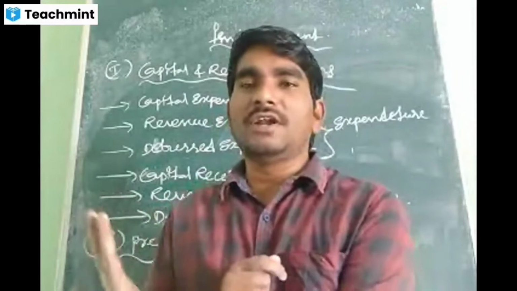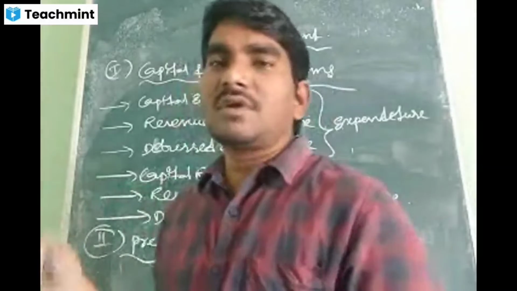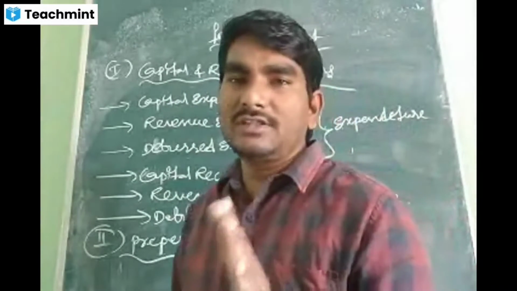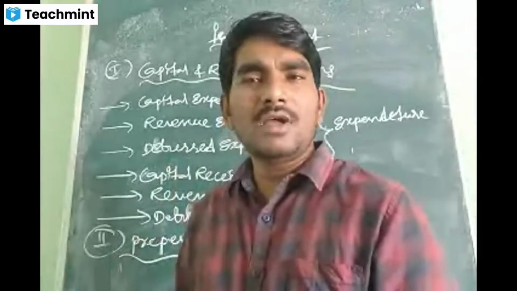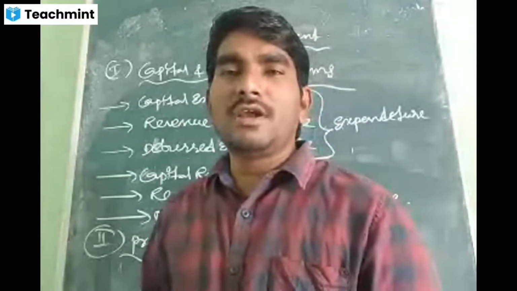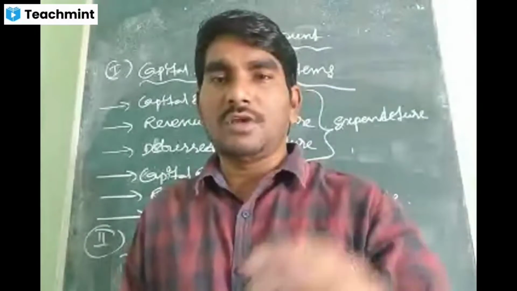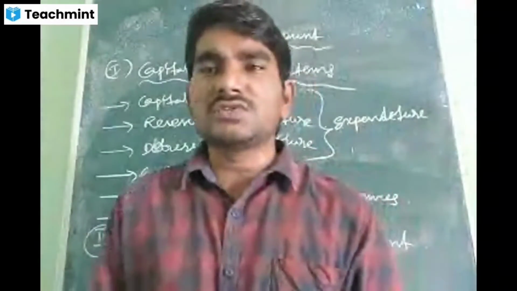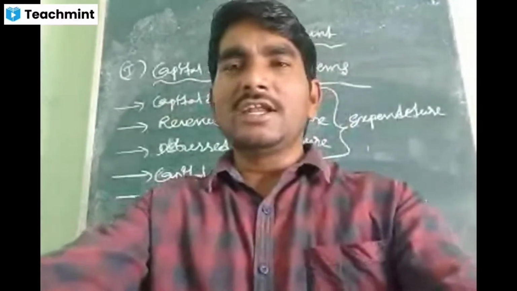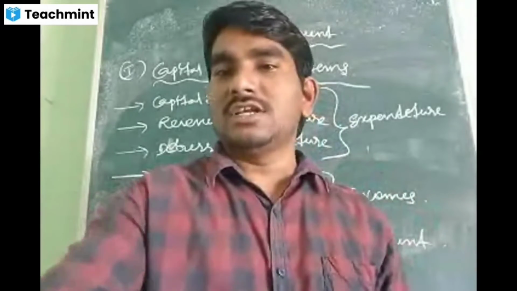In total, the chapter carries 20 plus 5 plus 2, which is 27 marks. So this is a very important chapter for the intermediate public examination of first year only, not second year.